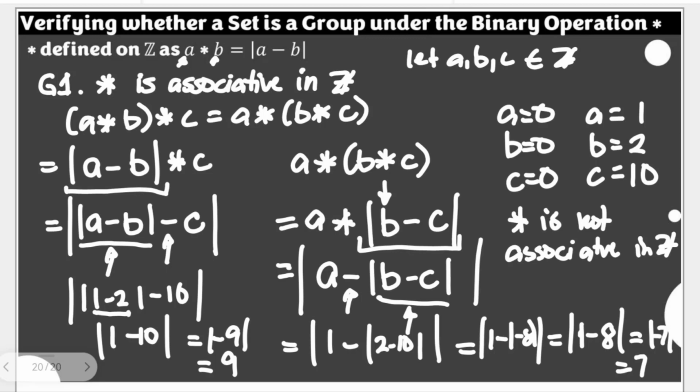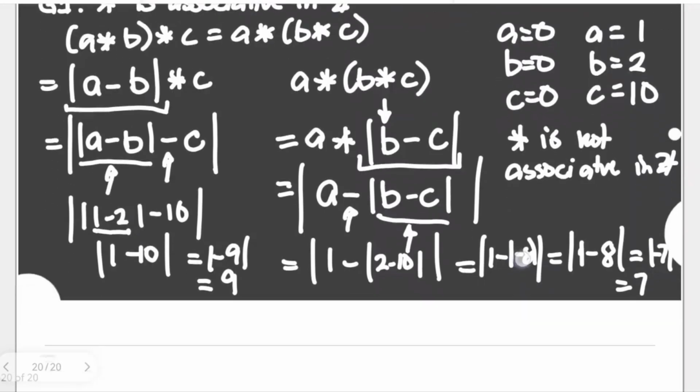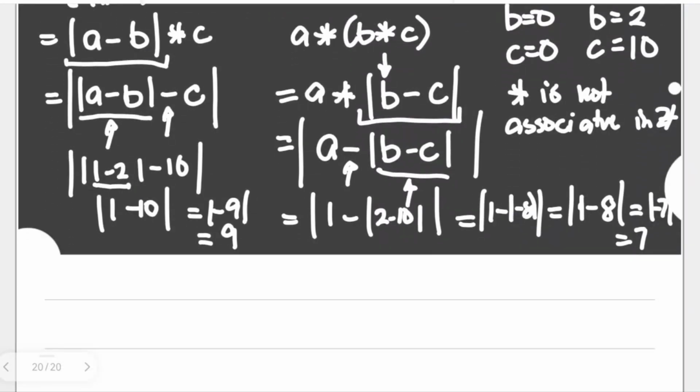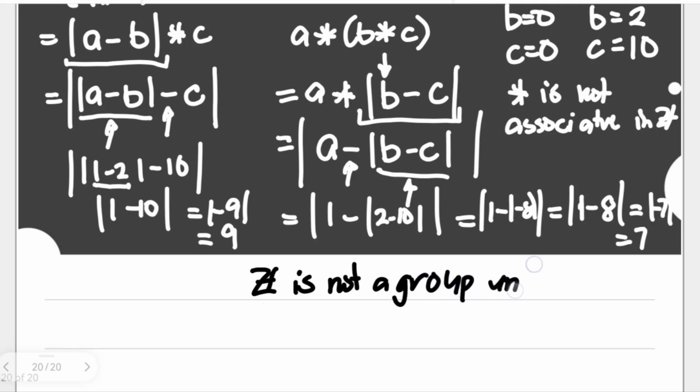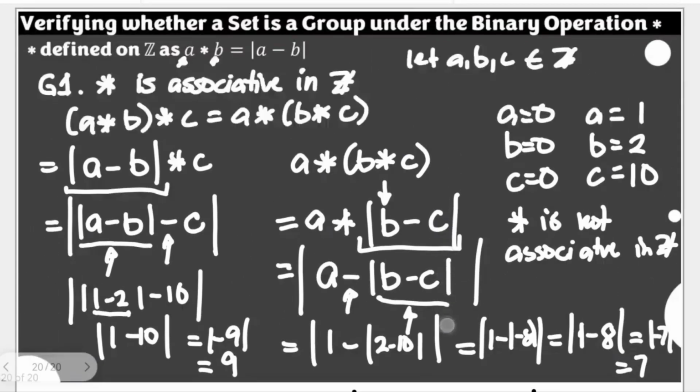We can now say that Z is not a group under the given star defined as A star B is equal to the absolute value of A minus B. So no need again to proceed to G2 and G3. This is for the verification of this given item. Thank you very much for watching.